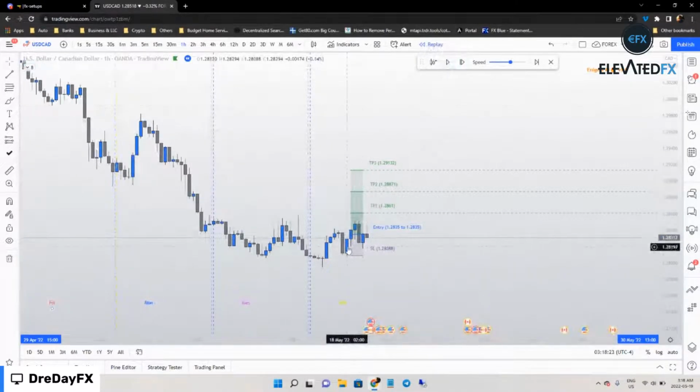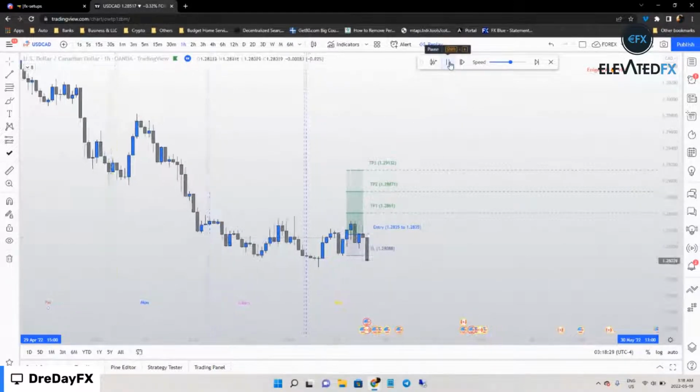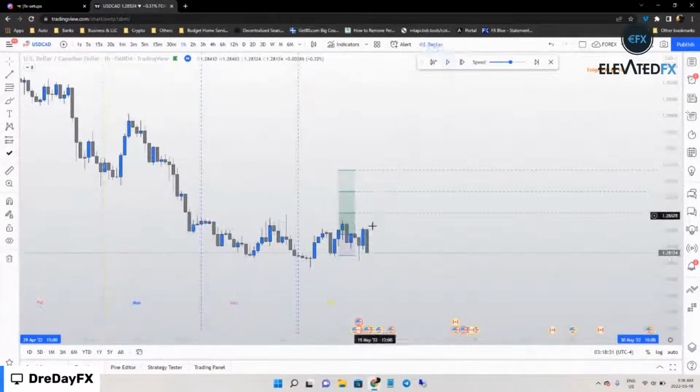In that case, if my stop loss was here, I would hit my stop loss. And if you look at the actual trade, if you had your stop loss right here, you would have been in the trade for 1, 2, 3, 4 hours, basically 5 hours if you include this candle. But on my stop loss, I would be out after 3 hours, and you see a big difference here.